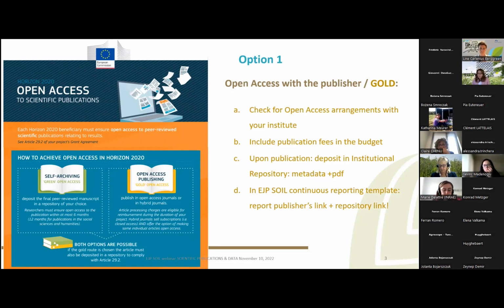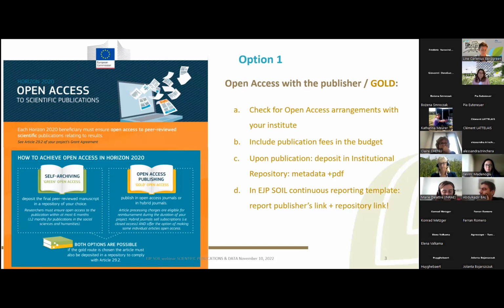When your article is published, it's already open access, but this is not enough for EGP Soil. Horizon 2020 asks all papers that are published in gold open access also to be deposited in the institutional or other eligible repository. So there should be metadata available through the repository, and also the PDF of the article in open access.